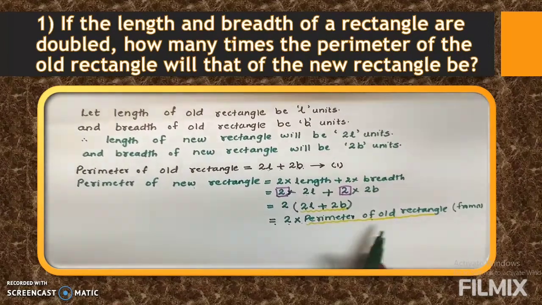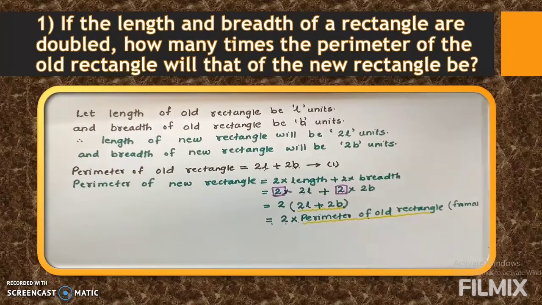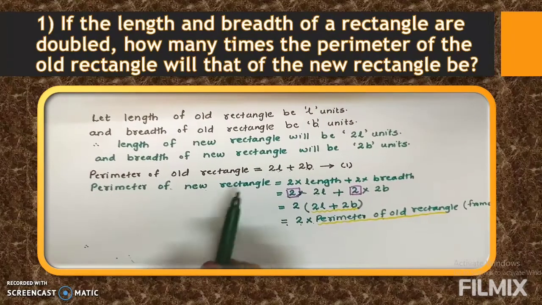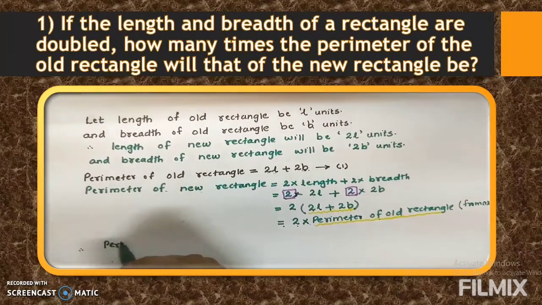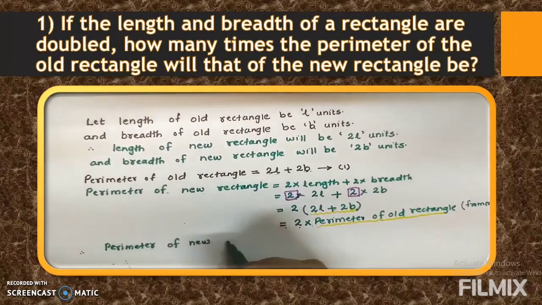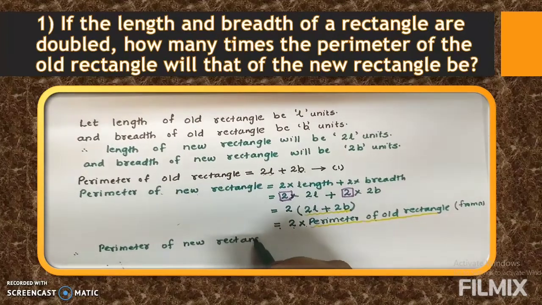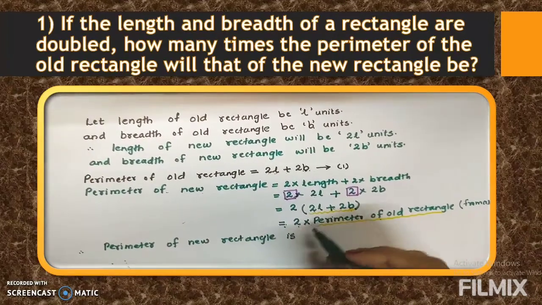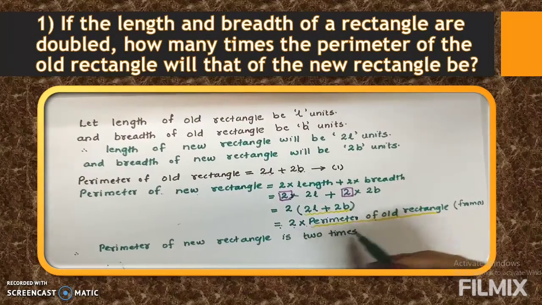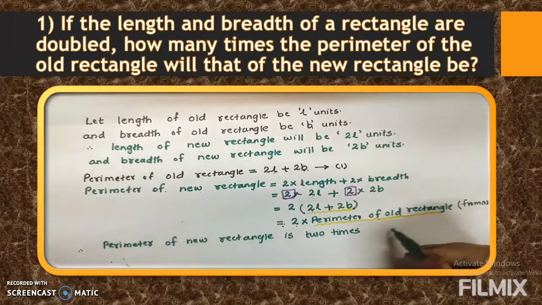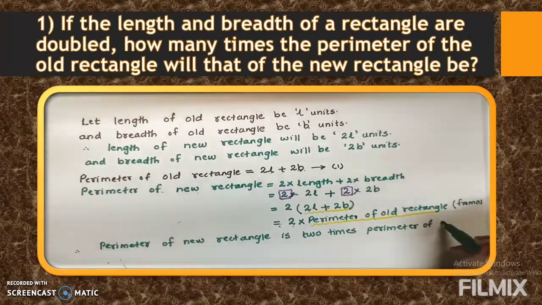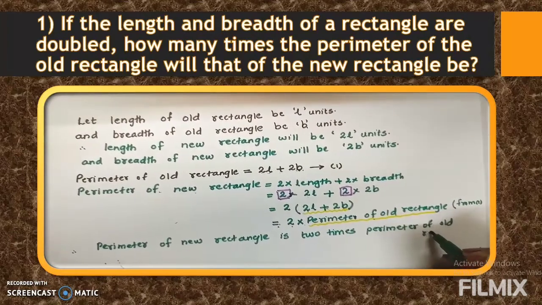Therefore, perimeter of new rectangle is equal to 2 times perimeter of old rectangle.